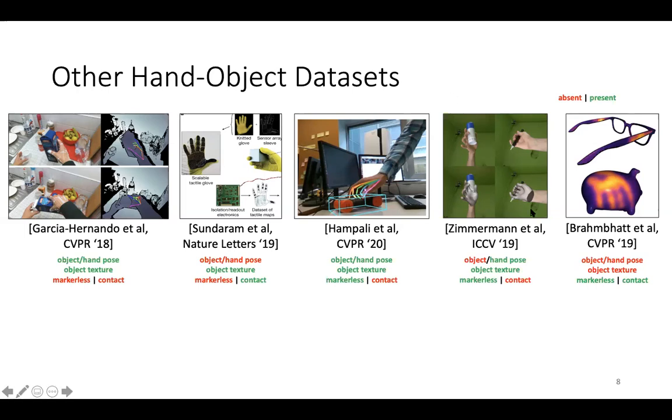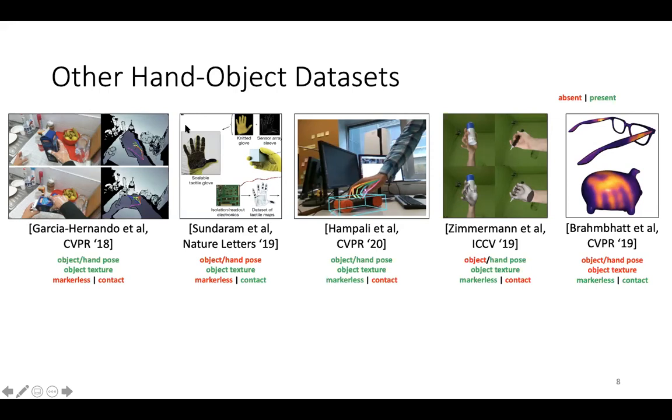The interesting part is that these kinds of image-based algorithms typically lack contact annotations, because it's almost impossible to observe the surface of the hand that is touching the object using a traditional camera. I just want to mention that the ContactDB dataset that I talked about before is a subset of this, because it contains just the contact annotations and doesn't contain any hand pose annotation.